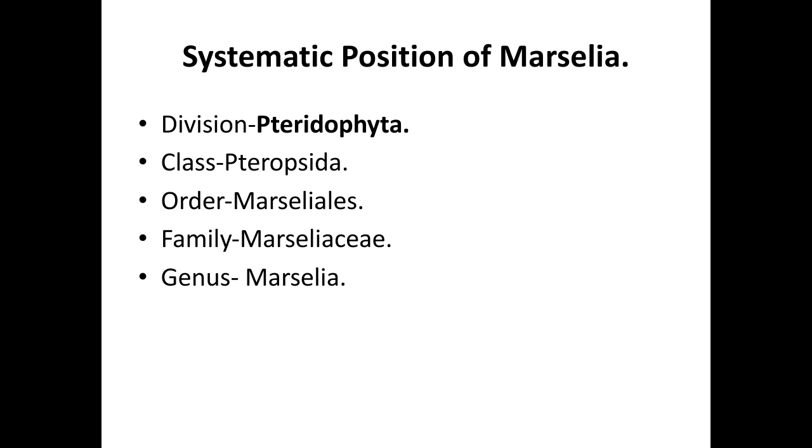The members may be homosporous or heterosporous type. It may show protostele, siphonostele, solenostele or dictyostele. True roots are present, but in some cases, for example in Salvinia, true roots are totally absent.